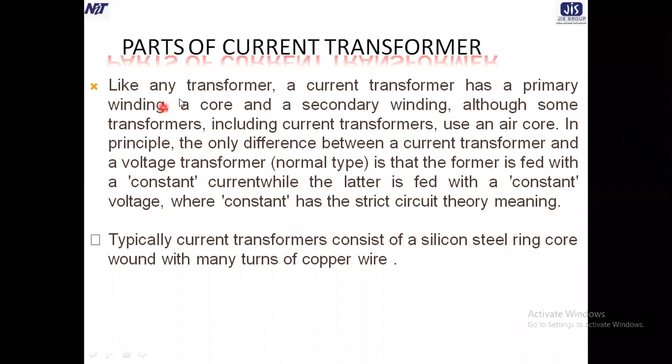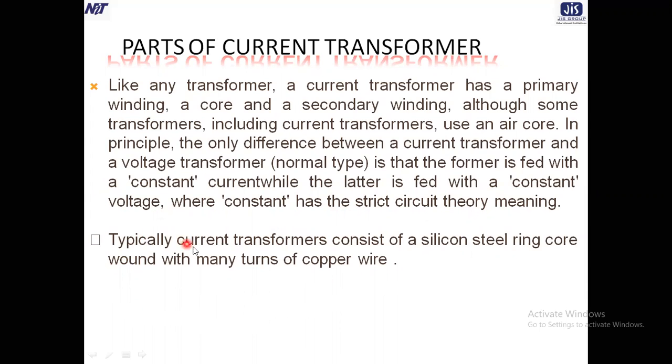Like any transformer, a current transformer has a primary winding, a core and a secondary winding. Although some transformers, including current transformers, use an air core, in principle, the only difference between a current transformer and a voltage transformer of the normal type is that the former is fed with a constant current while the latter is fed with a constant voltage, where constant has the strict circuit theory meaning.